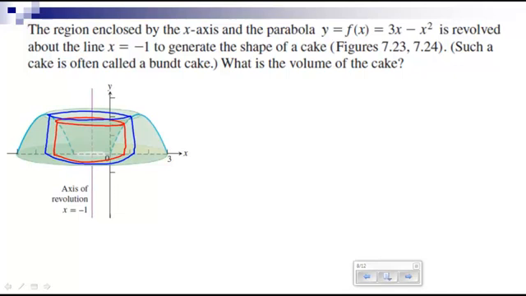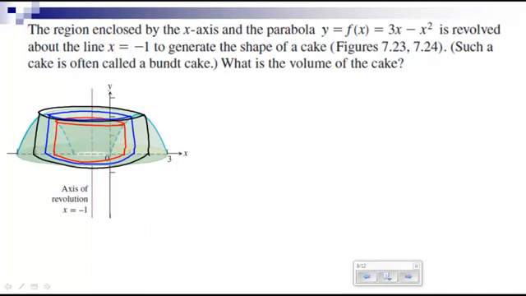Might I draw a third cylinder? This cylinder goes all the way out to here. The red and blue cylinders sit inside of it.